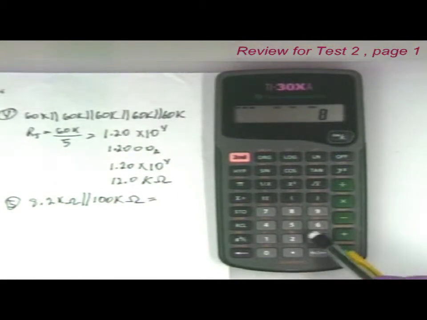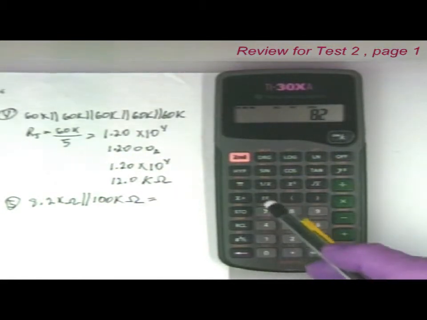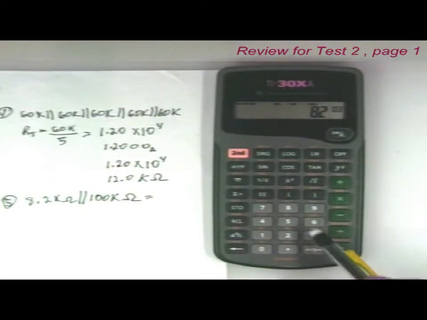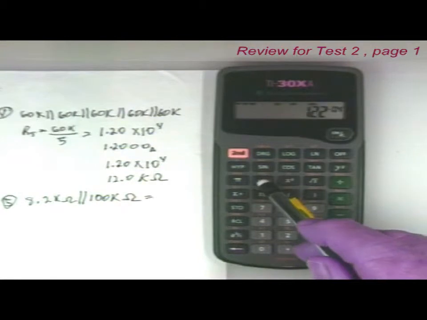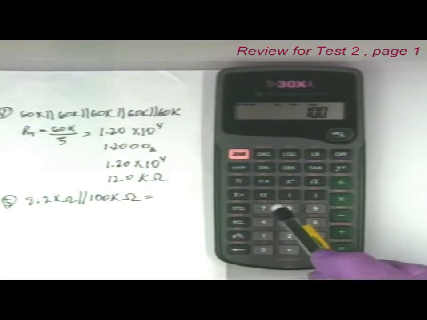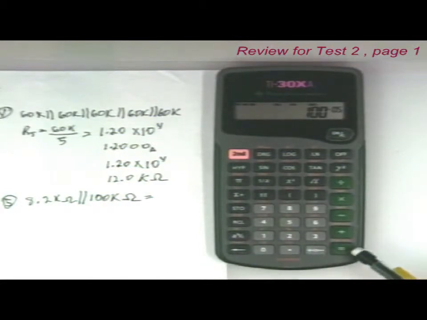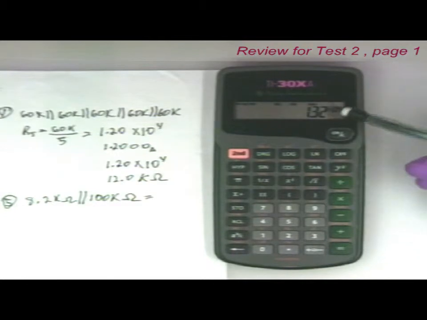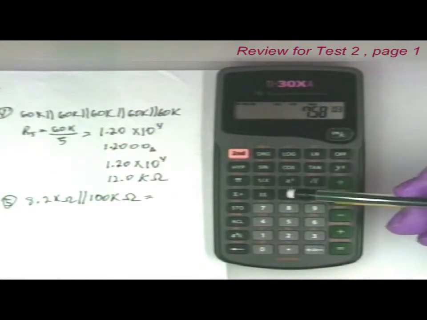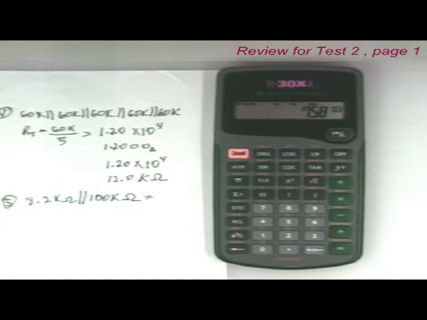So it's 8.2 double E for the K, double E 3, reciprocal, plus 100k, 100, double E 3, reciprocal, no plus this time, but equals. Okay, now we need to see that's negative again, so we want to take the reciprocal. So we have 7.58 k ohms.